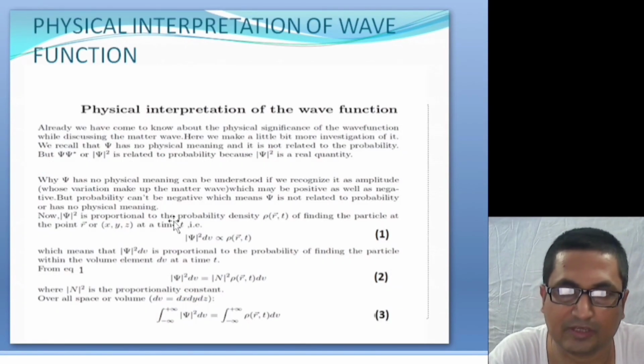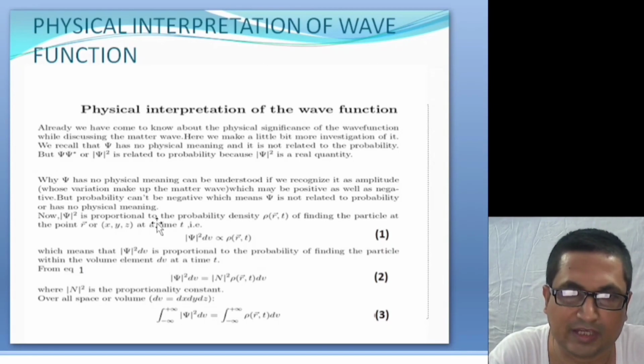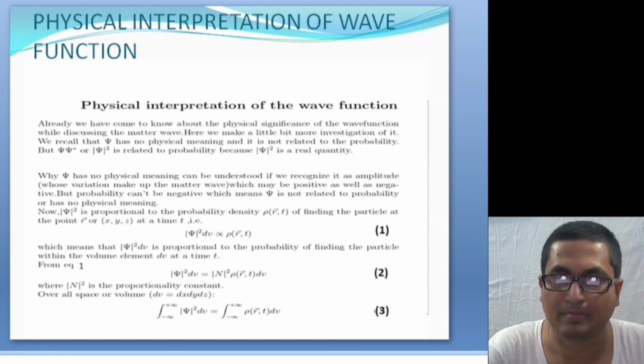So let's first think about what a wave function can physically represent. That is the physical interpretation of a wave function. As we have come to know, the wave function is a complex quantity, and only the modulus square of it has meaning. Psi has no physical meaning by itself, and it has meaning only when you talk about the modulus square of it.